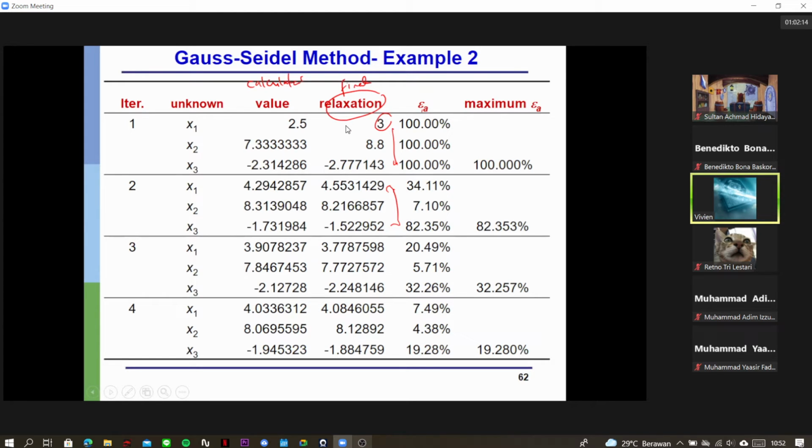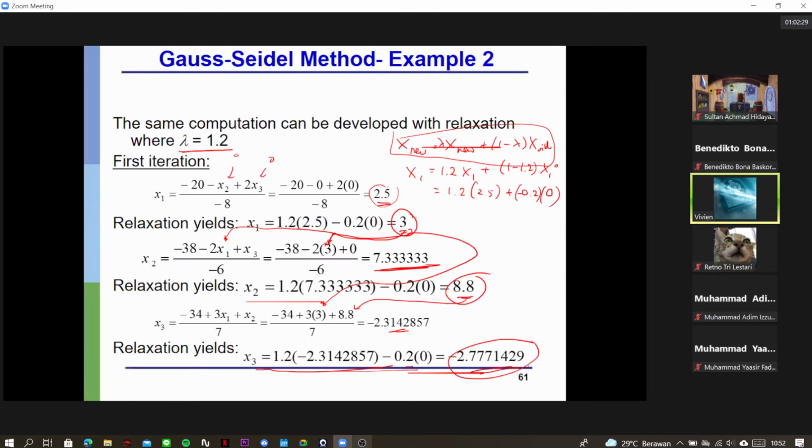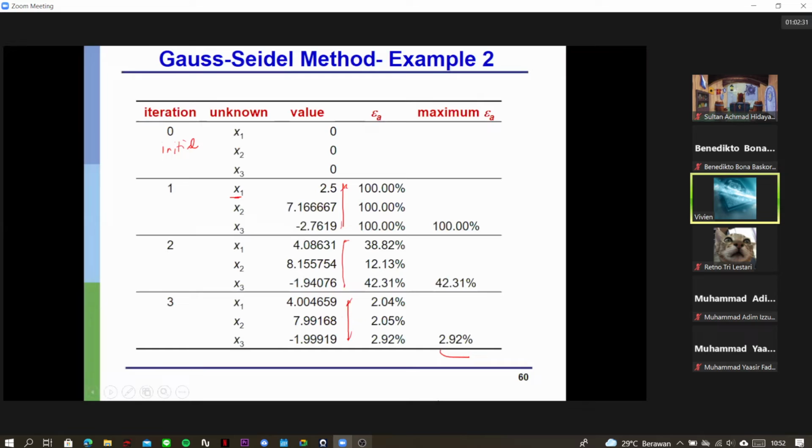We see here that when we apply a relaxation factor, in which we want faster convergence, up to 4 iterations the maximum error is still 19%. The basic method without a relaxation factor with 3 iterations is already below 5%.